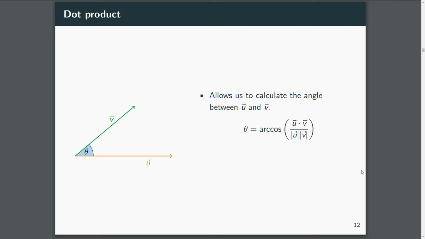So if we take the dot product of u and v and divide it by the magnitude of both vectors, we can use the inverse cos function, arccos, to obtain the angle.